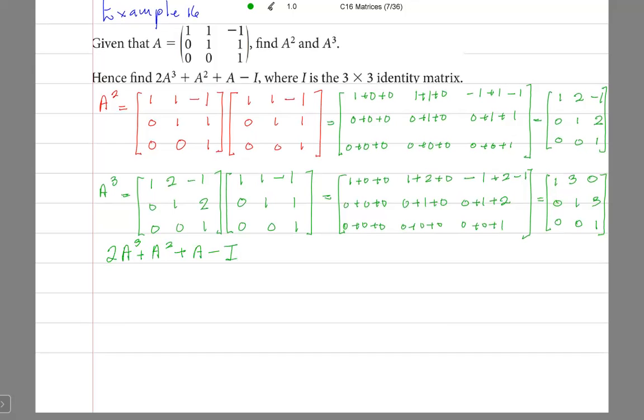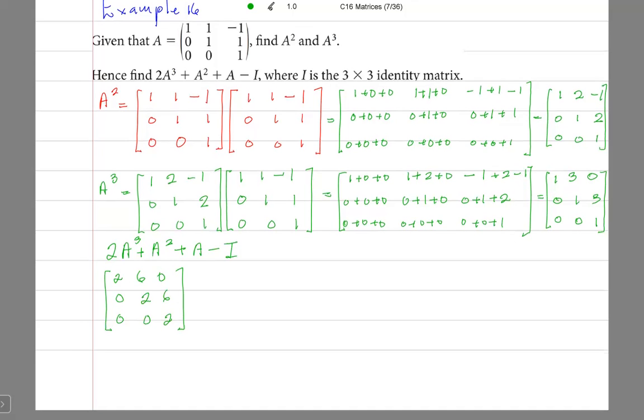To do that, we simply multiply all the elements in A cube by 2. So 2A cube would be 2, 6, 0, 0, 2, 6, 0, 0, 2.